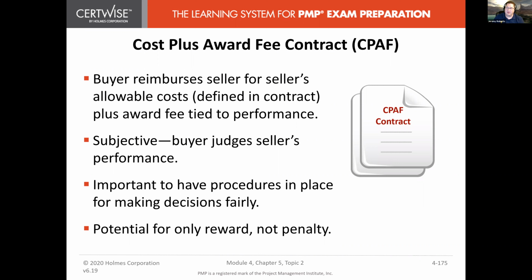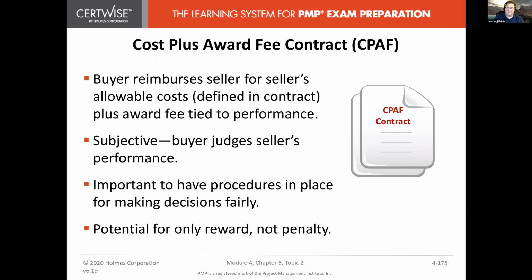Cost plus award. So reimbursing for all the cost, plus there's a bonus at the end, or the award, tied to that performance. So it's subjective. The buyer judges the seller's performance. Like I mentioned, John Deere, they're using a quality standard. So if the supplier meets that quality standard, they'll get a bonus of X, whatever the award is.